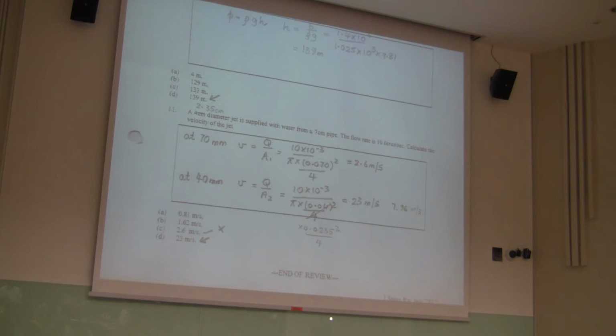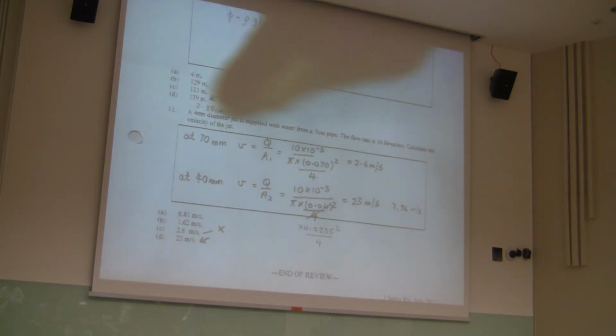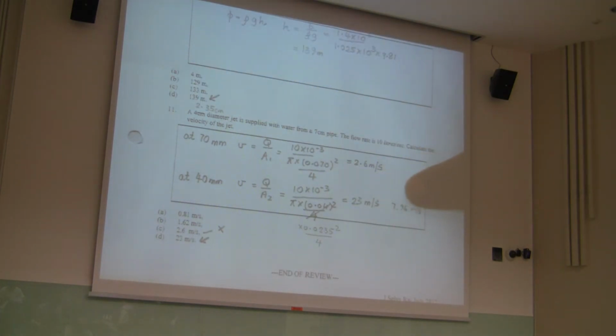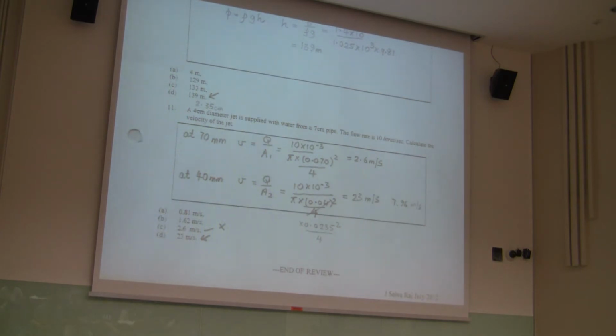I think 1 or 2 of you pointed it out to me. There is an error here, because if you use 4 cm, you get actually 7.96, and there are no answers.